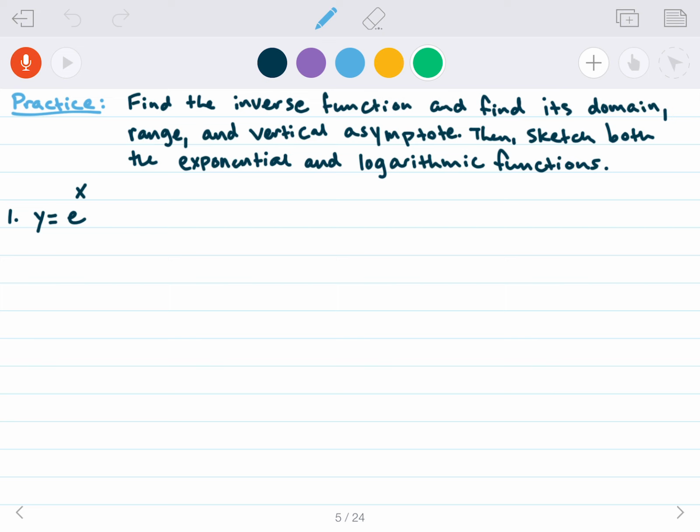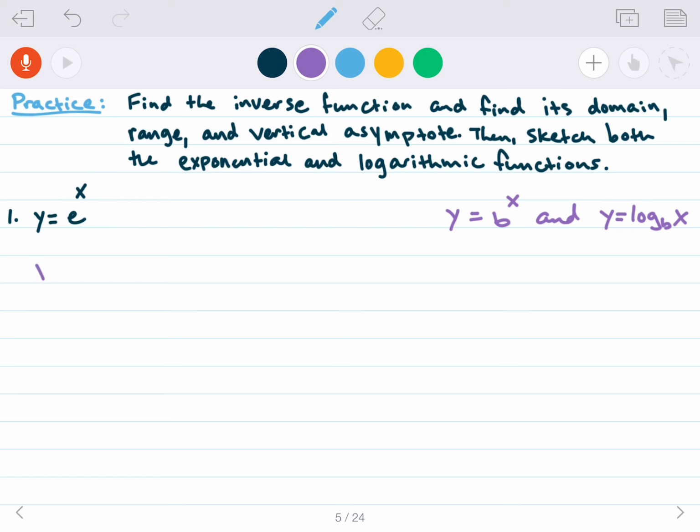We're going to do plenty of examples, and hopefully you guys can get the hang of it. Well, again, we have this form, y equals b to the x, and y equals log base b of x are inverses, right? And so here our b is our e, because that's our base.